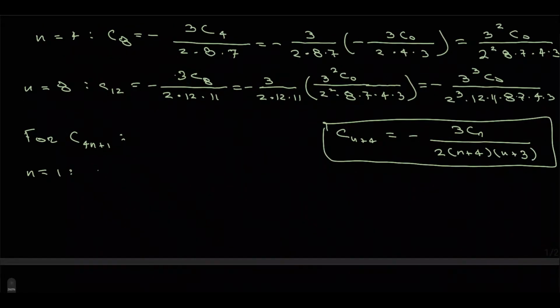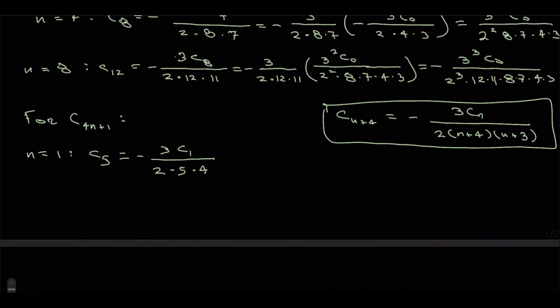So this will be c sub 5 equals negative 3 c sub 1 divided by 2. So 1 plus 4 equals 5. 1 plus 3 equals 4. Okay, so that's the first coefficient.